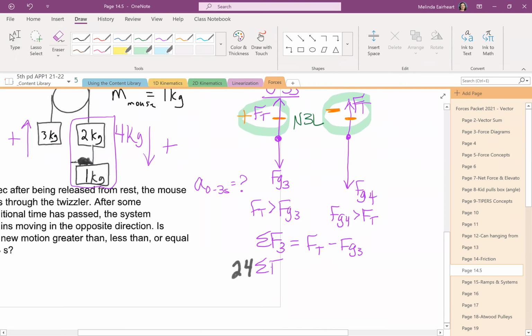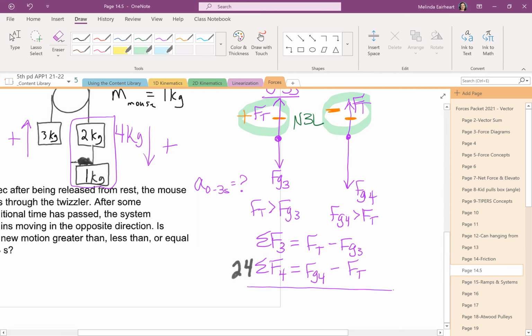And then same-ish for the 4, FNet for the 4 kilogram. And again, we're looking at the right side as a collective, so FG4 is our positive force, and then our minus FT. So left side, right side, FNet statement.